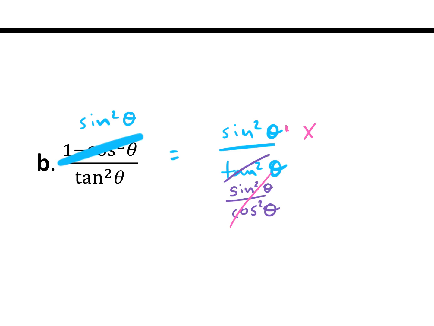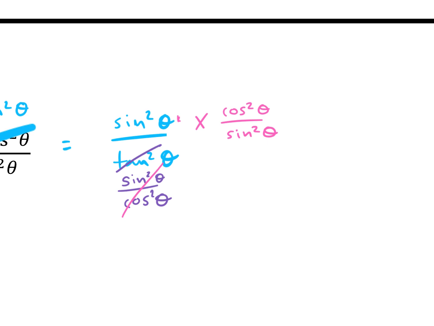So now I'm going to make it cosine squared over sine squared. Awesome. We have a sine squared on the top and on the bottom, so they can cancel. And what am I left with? Cosine squared. Be careful, it's the cosine that's squared, not the theta that's squared, because that would change the problem. So just make sure that squared is on the cosine.